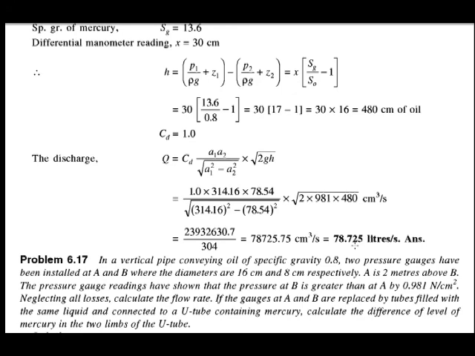We have seen the working principle, uses and applications of the venturimeter. Then we have derived the expression for the rate of discharge, and then we have solved many problems on the horizontal venturimeter as well as on the inclined venturimeter.